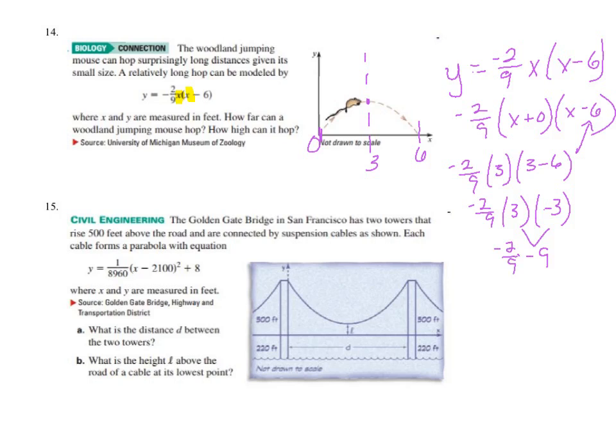When I multiply fractions, I multiply straight across, so I turn that into a fraction. Negative 2 times negative 9 is positive 18. 9 times 1 is 9, so 18 over 9 is 2. Okay, so my height at the vertex is 2.